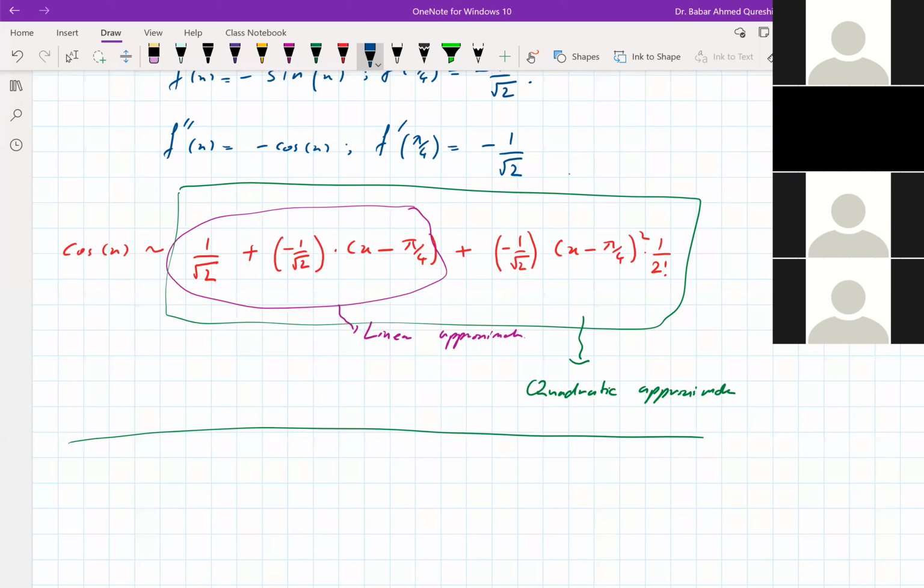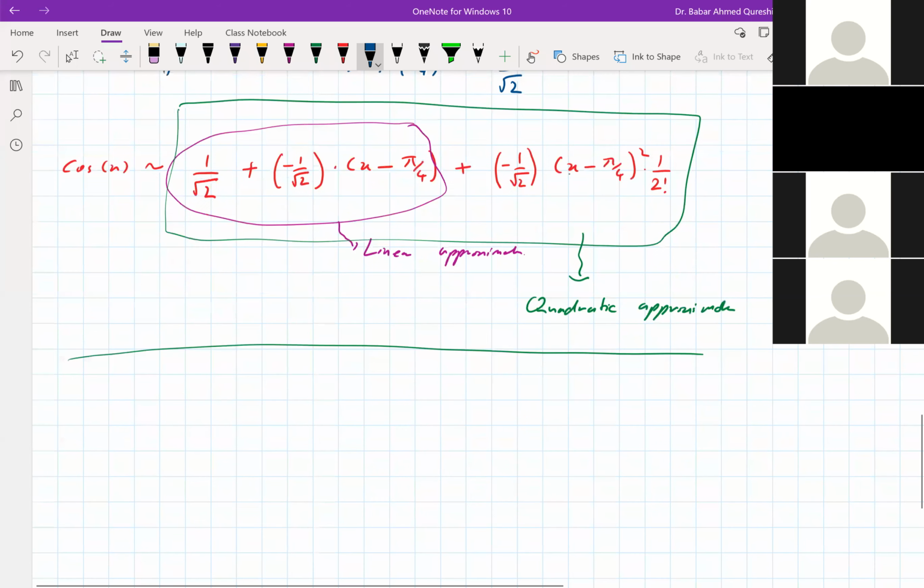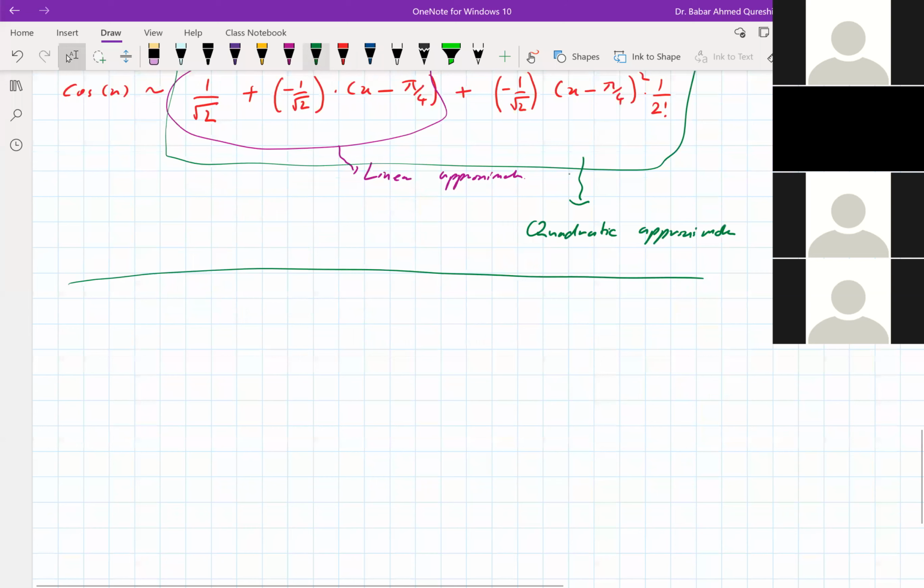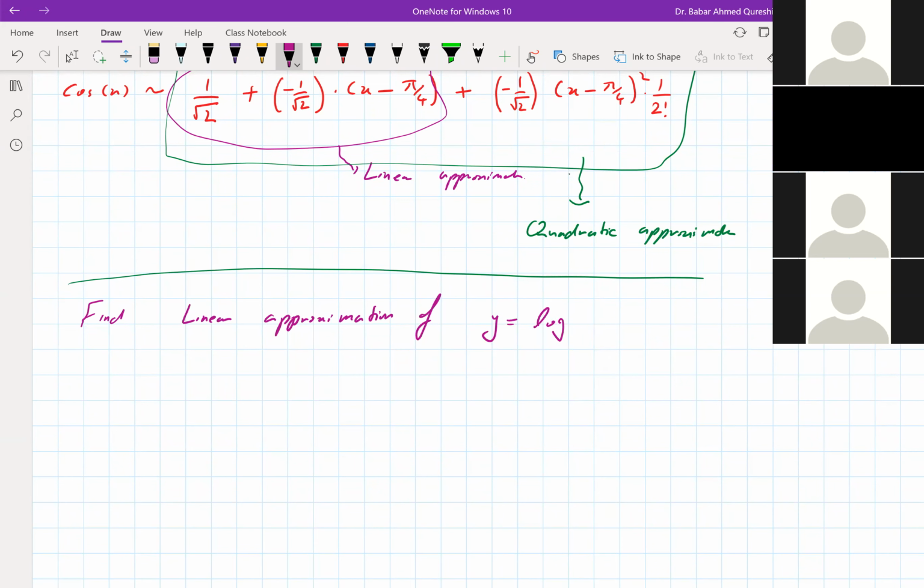So suppose I want to find, let's say first, let me just find linear approximation of log of 1 plus x squared.